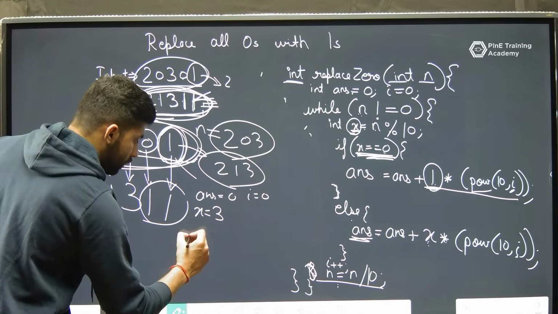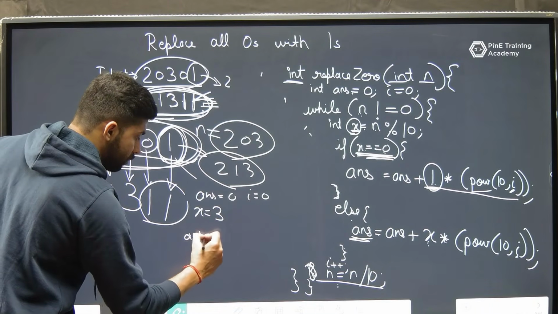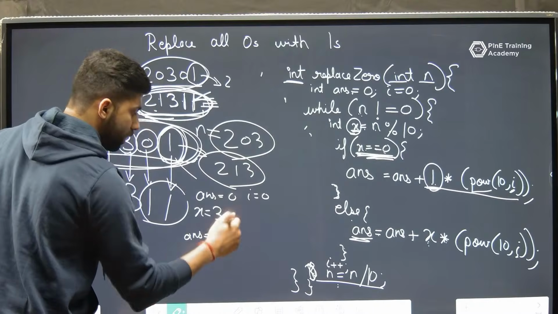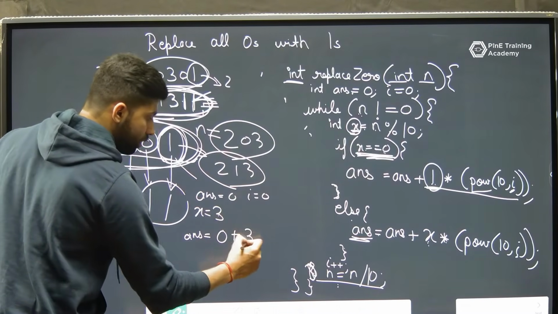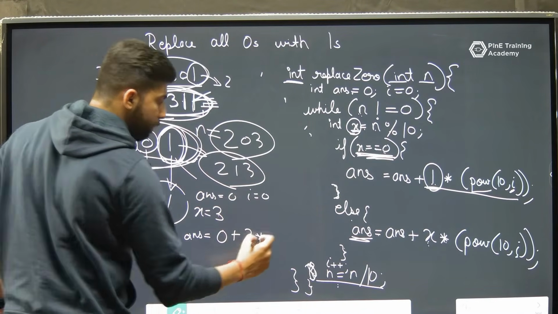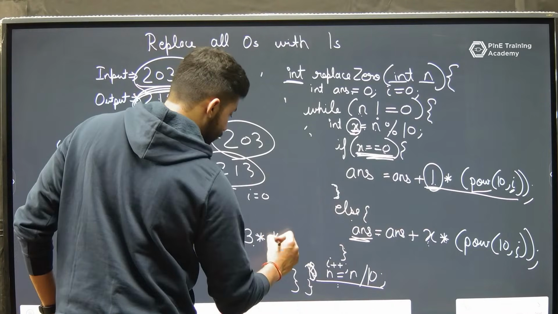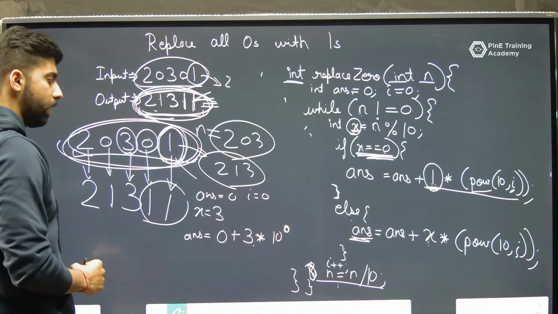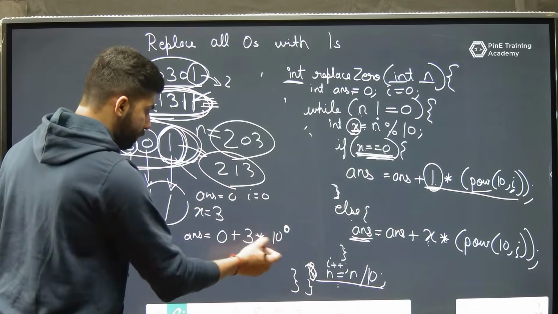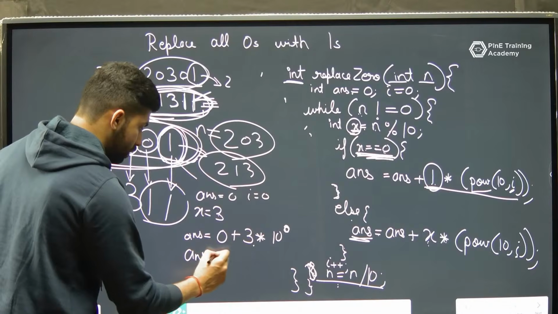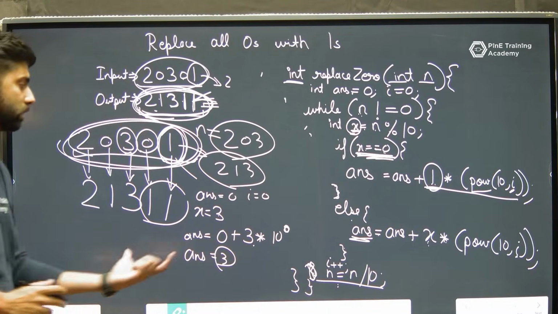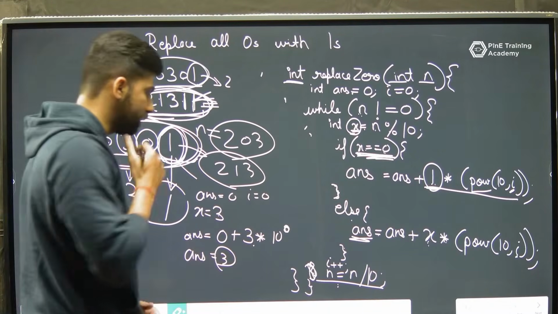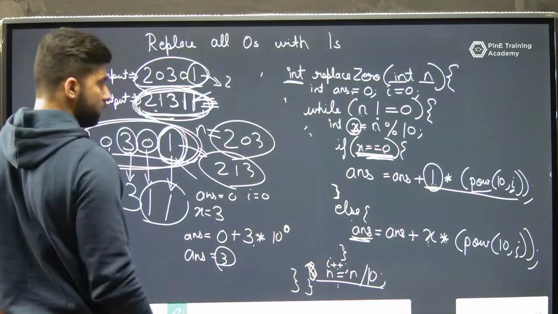So answer is equal to answer plus 3 multiplied by 10 to the power 0 first, right? So what will happen? It will store 3 in my answer. After that, I will do I plus plus.